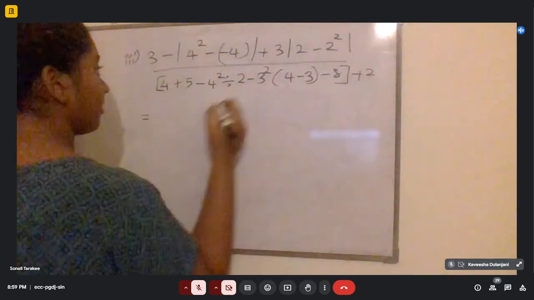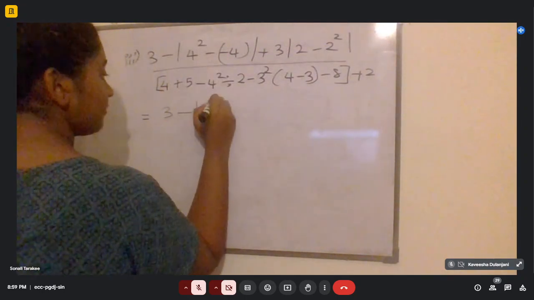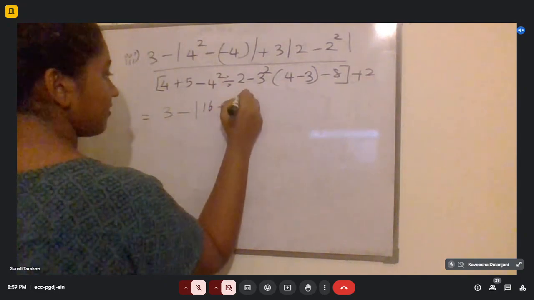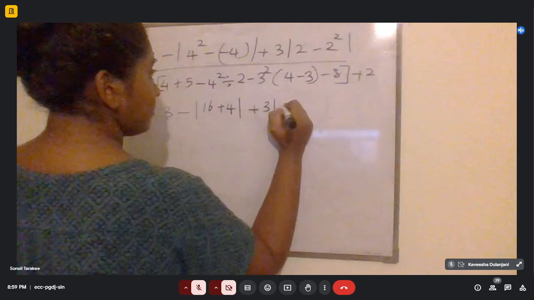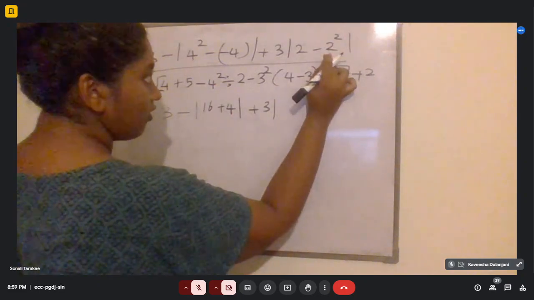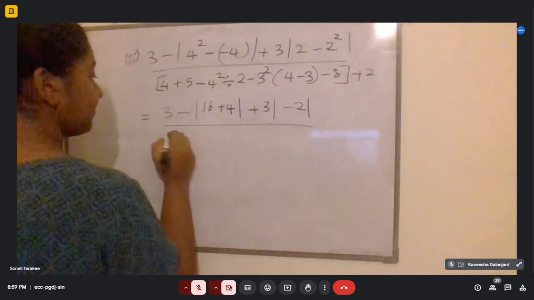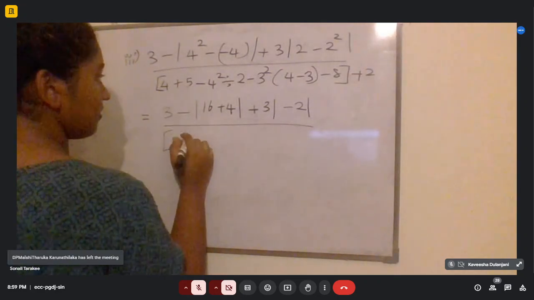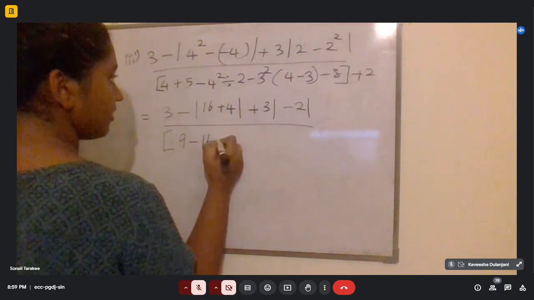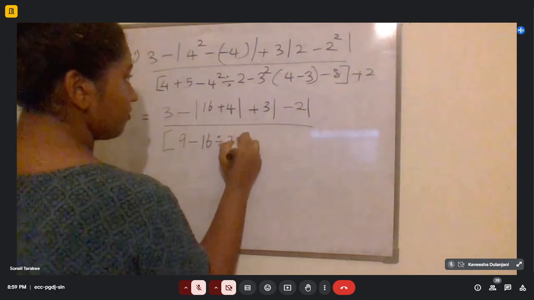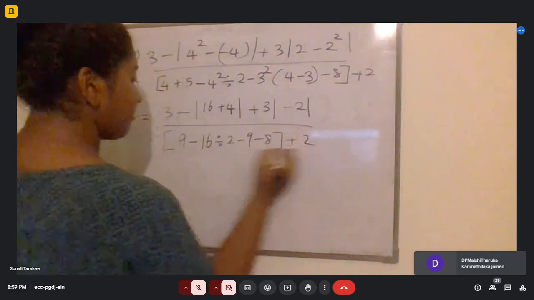If you simplify this one, 3 minus, here 4 squared, that means 16 plus 4, plus 3 times 2 minus 2 squared. So 2 squared is 4. 2 minus 4 is minus 2 over 4 plus 5, 9, minus 16 divided by 2 minus 9 times 1 minus 8 plus 2.